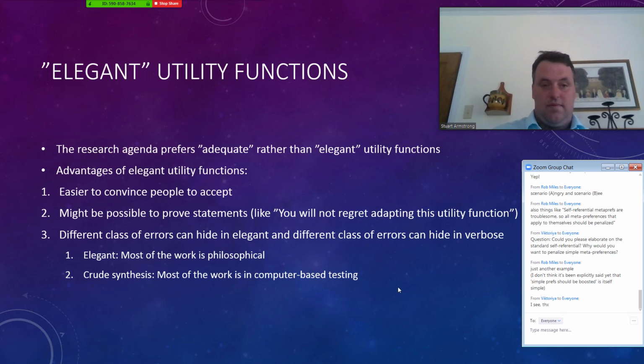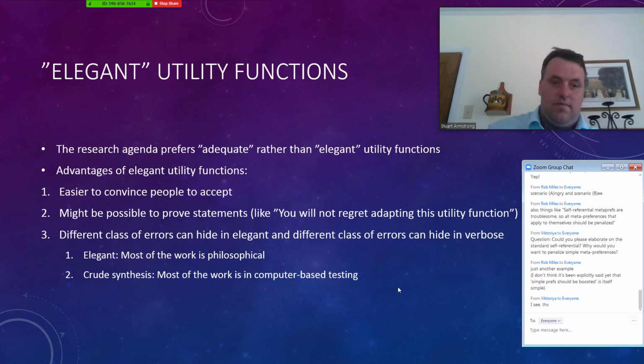For instance, if you want to convince people to have a utility function, then if you can say, like, this is your value of friendship, this is how you value art, if you have a utility function with these kind of big things in it, then people would probably be more likely to accept it compared to if it's very, very specialized and it's like a million factors and people don't understand it at all. So that's my first argument for this.